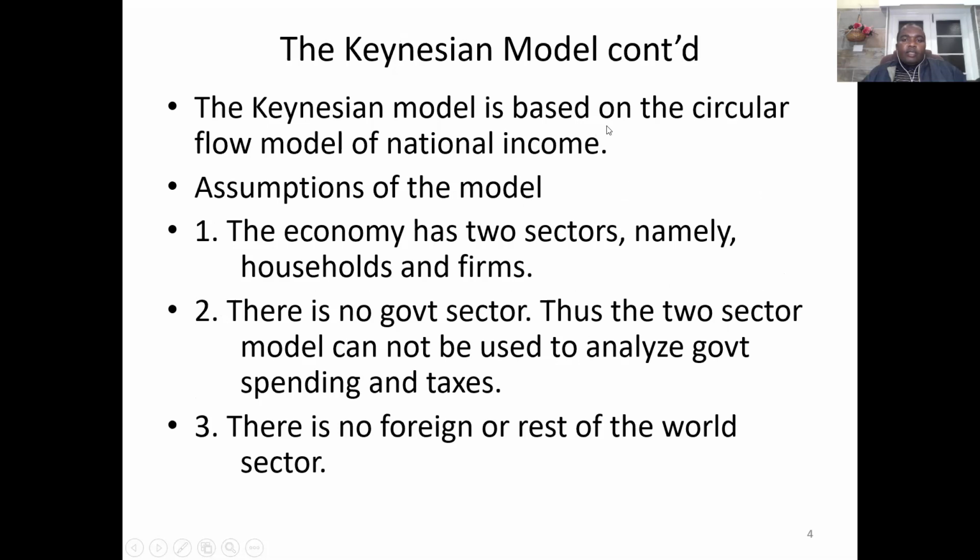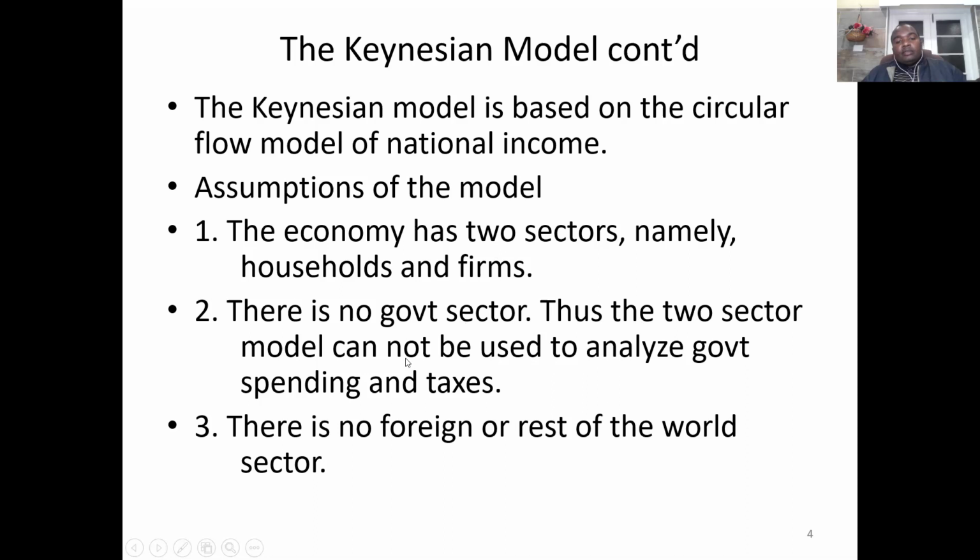The simple Keynesian model is based on the notion of the circular flow model of national income, which we covered under the previous topic. The assumptions of the simple Keynesian model are: number one, the economy is assumed to be having two sectors, namely households and firms. Number two, we assume at the basic outline of this model that there is no government sector, though we relax this assumption just like we relaxed the first assumption.